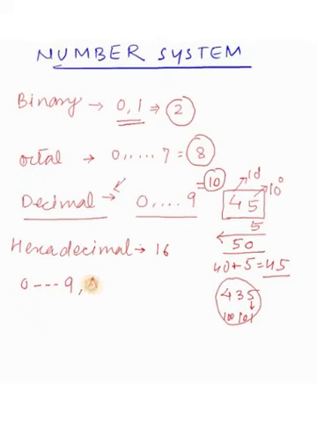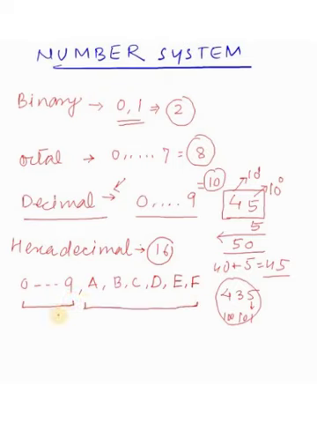After that 10 is denoted by A, 11 by B, 12 by C, 13 by D, 14 by E, and 15 by F. So it has base 16, starting from digits 0 to 9, and then these symbols are used to denote the remaining numbers.